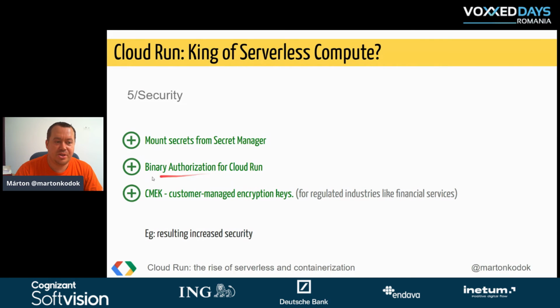And binary authorization is a nice service. It means that you have a policy to set that these containers can be, let's say, deployed to production or built as a container. And you have policies from your organization on which containers are whitelisted to be deployed.